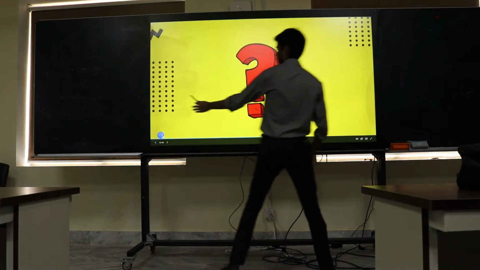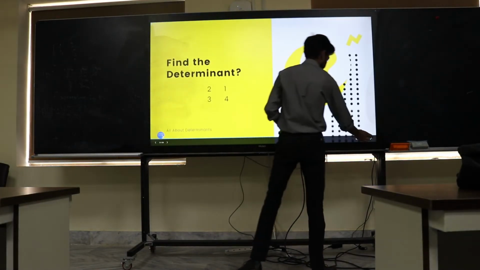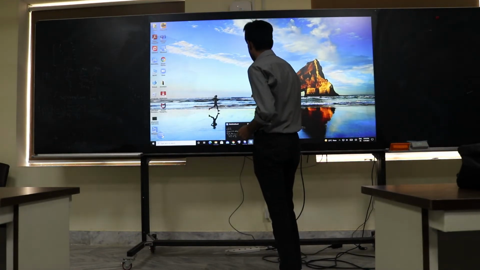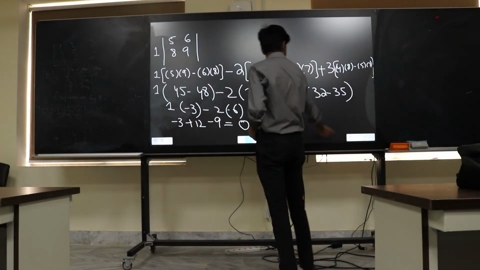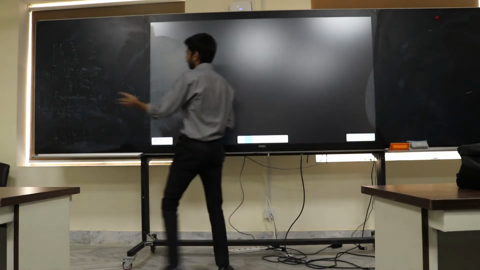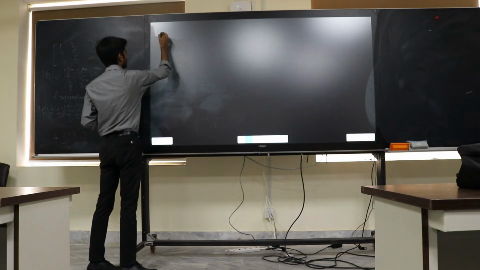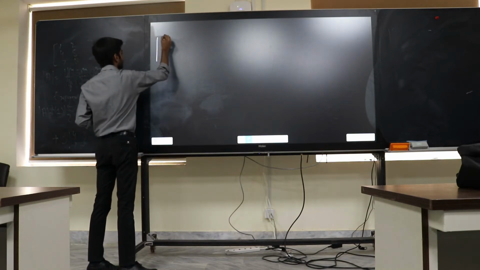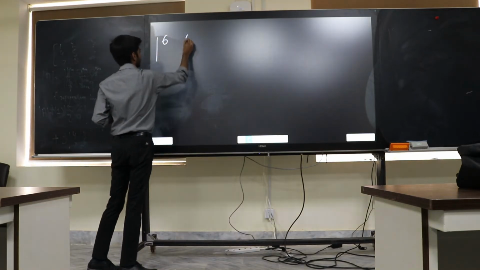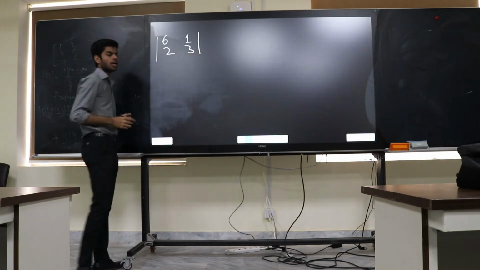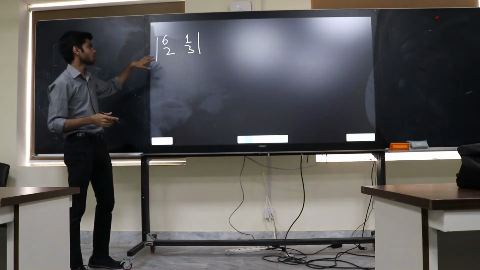Let me open the smart code again. The question on the slide is a little bit different, but I'm writing a different one here. Let's suppose we have 6, 1, 2, and 3. This is a matrix of order 2 by 2.